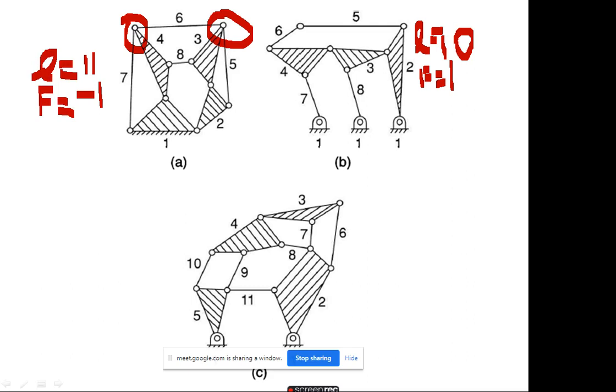Okay. So here, the third one, the total links are 11, and how many lower pairs are there, and what degree of freedom did you get? Anyone calculated? No one?